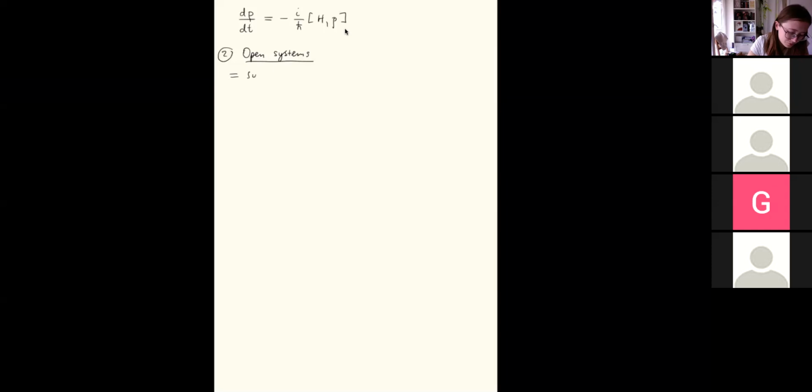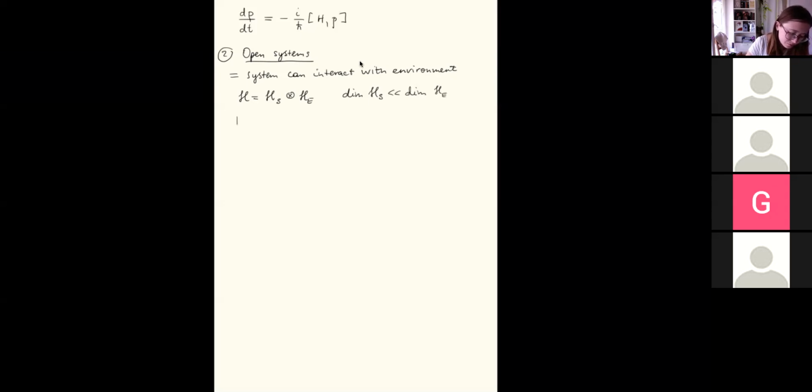Okay, so to recap this, open systems are based on the concept that a system can interact with an environment. And how do we formalize this? Well, we say that the global Hilbert space is the joint space of the system S and the environment E. And usually we also assume that the system is much smaller than the environment.